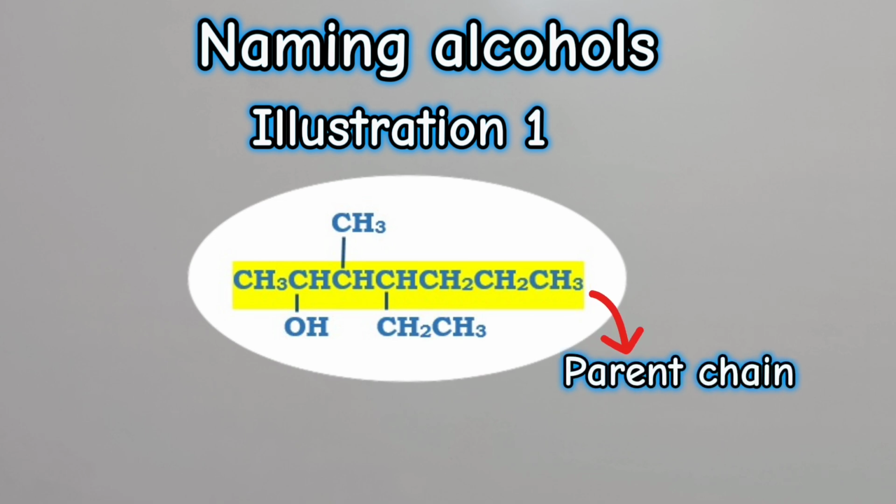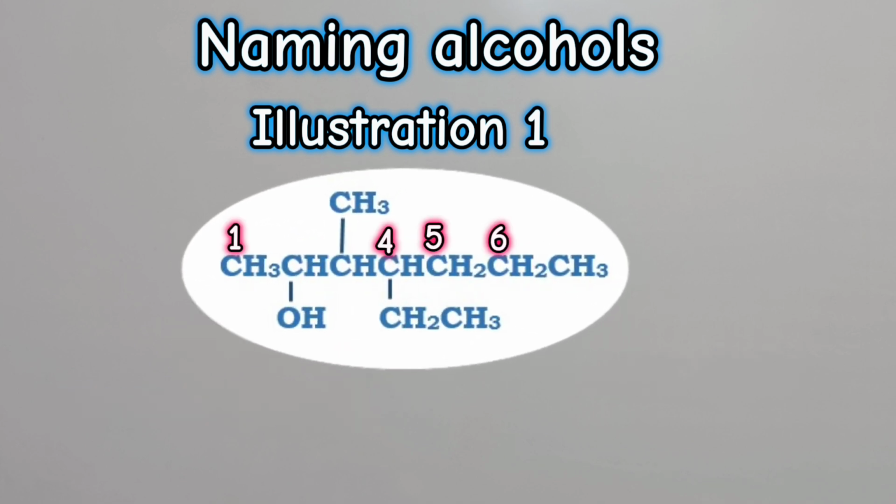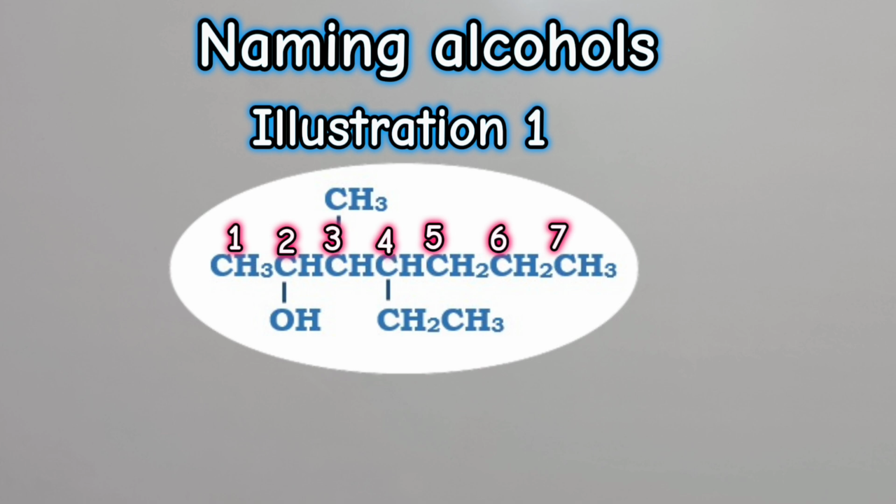After determining the parent chain, we have to assign numbers to our parent chain by starting from the end of the chain that is closer to the OH group. So you can see that the left is closer, and if we assign numbers like displayed there, we establish that the functional group, OH group, is on carbon number 2.